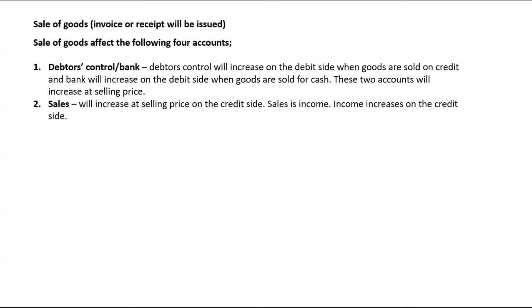Here, it's not really decreasing any liability, but it is increasing equity, other than increases due to contributions by those that have equity claims, the holders of equity. And because it meets that definition of income, it will increase on the credit side at selling price. Sales is income, it increases on the credit side, as I've said.